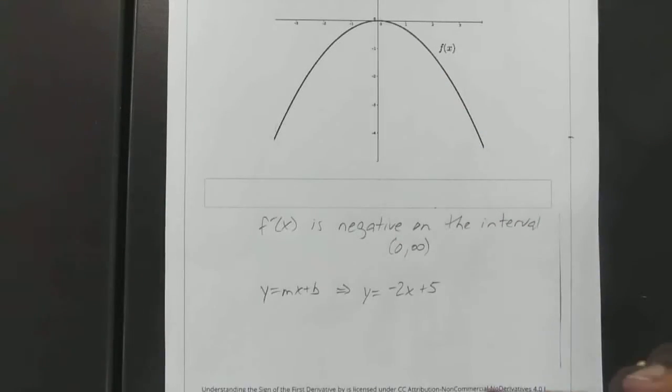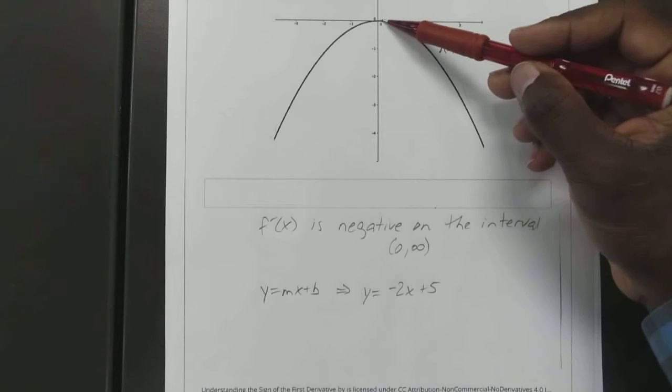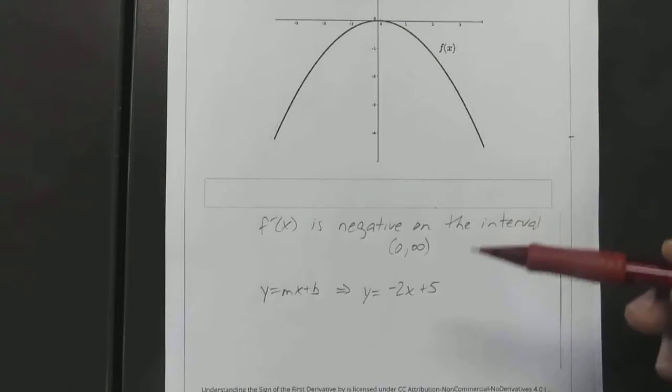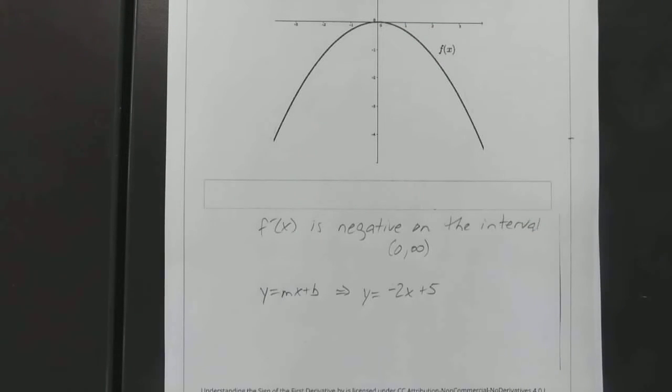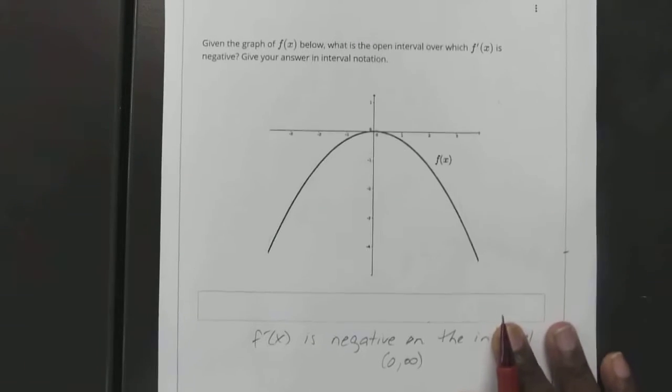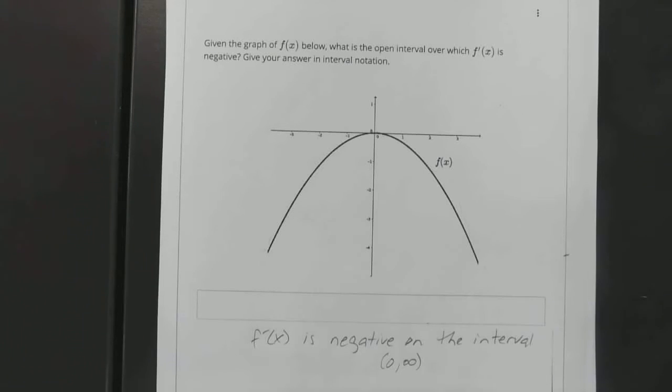Then as x keeps getting bigger, once you cross that point, y is now getting smaller. That's what I was having a hard time understanding, both sides.